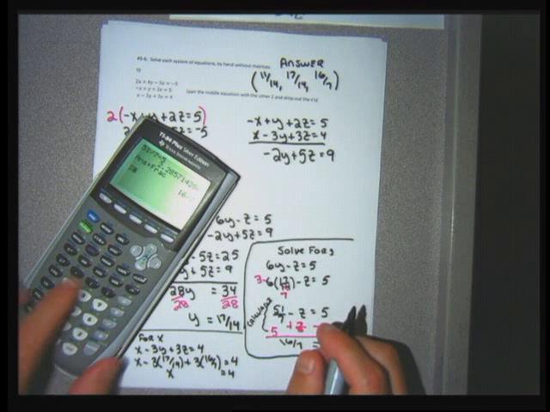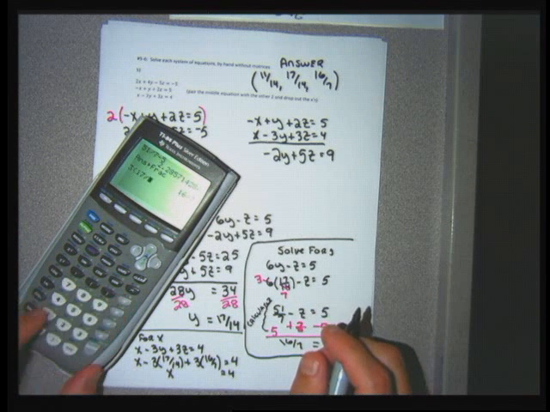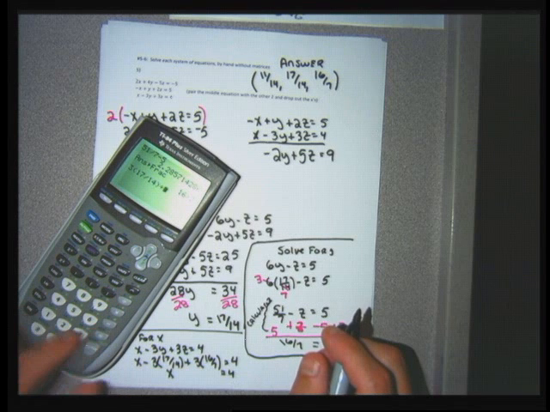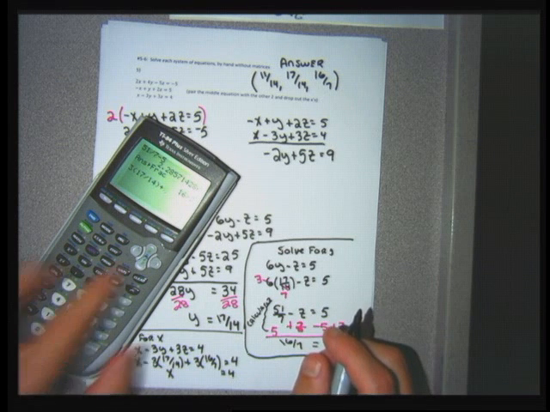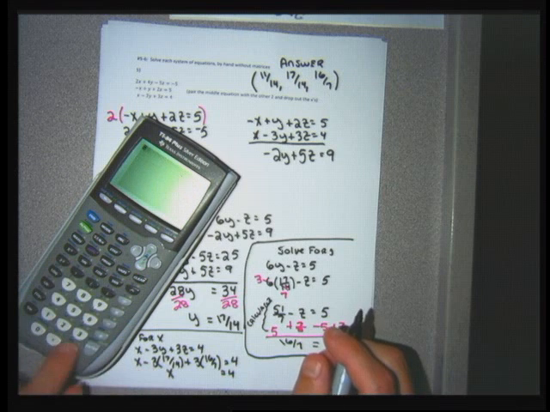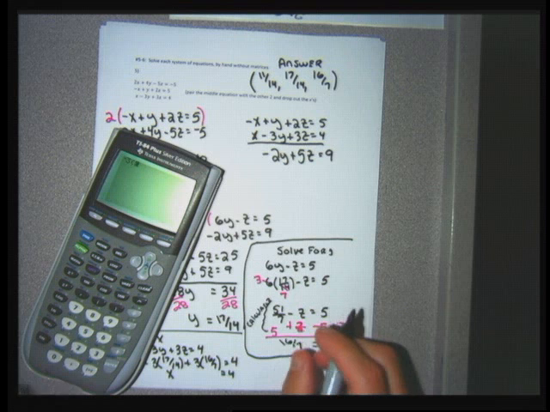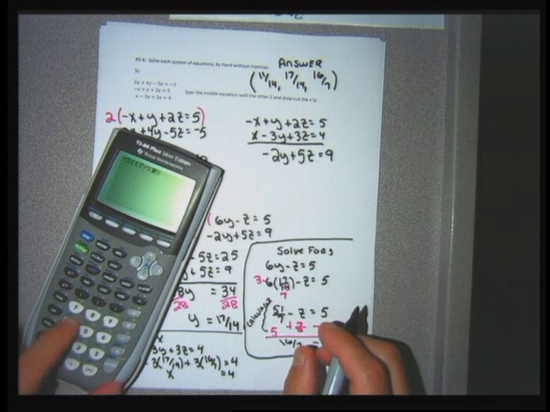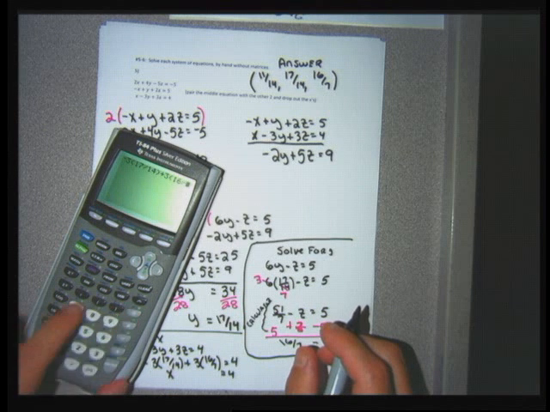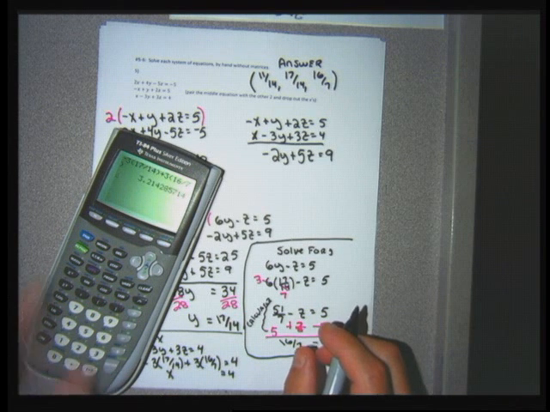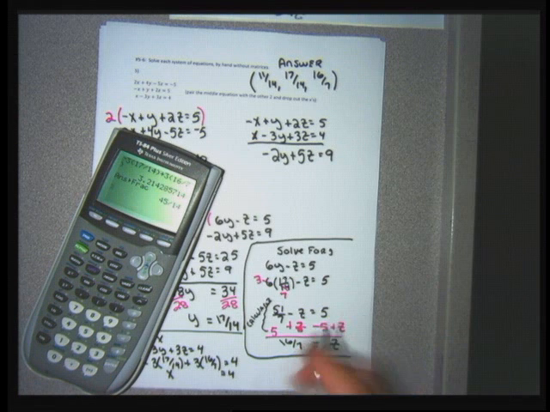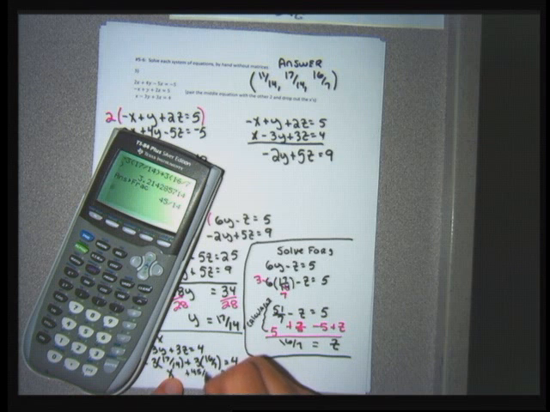I'm going to go minus 3 parentheses 17 divided by 14 plus 3 parentheses 16 divided by 7, and then math, enter, enter. So this gives me x plus 45 over 14 equals 4.